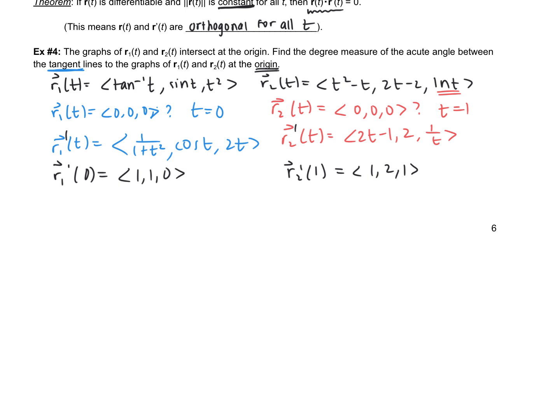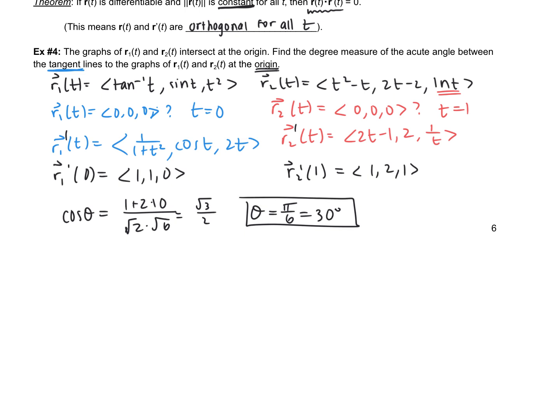So now if we want the angle between them, we are going to have to dot our vectors, divide by their magnitudes, which gives us root 3 over 2. How convenient. So our angle is pi over 6, or 30 degrees.